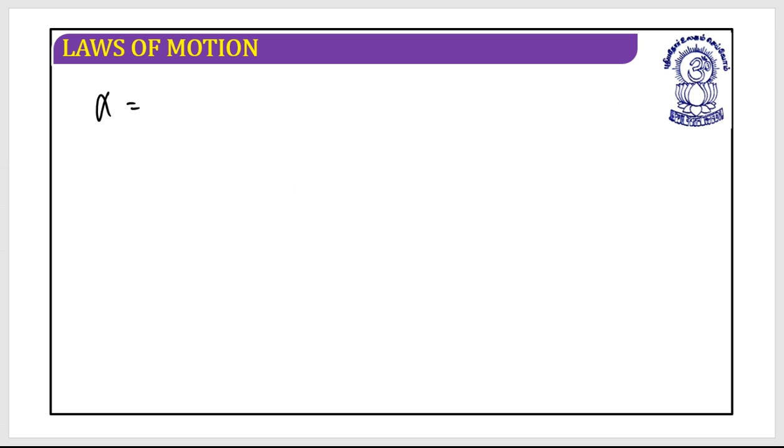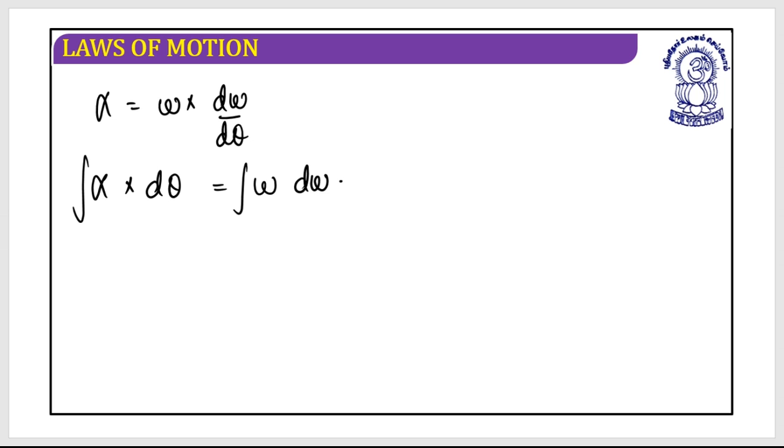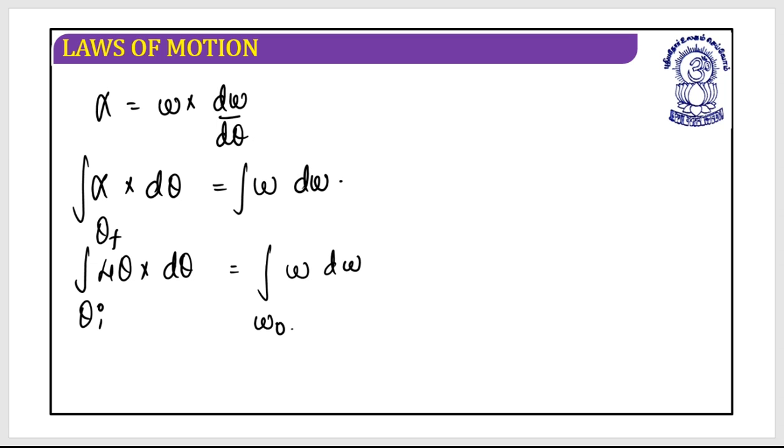Alpha should be equal to omega into d omega by d theta. So alpha into d theta should be equal to omega into d omega. Let's just integrate this. Alpha is equal to 4 theta, so 4 theta into d theta from theta initial to theta final, equals omega d omega from omega naught to omega final.